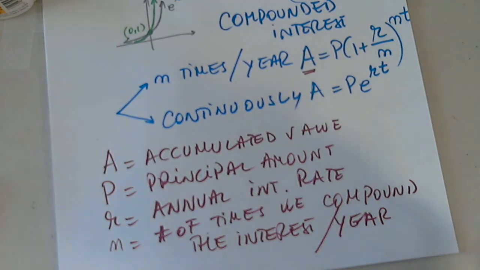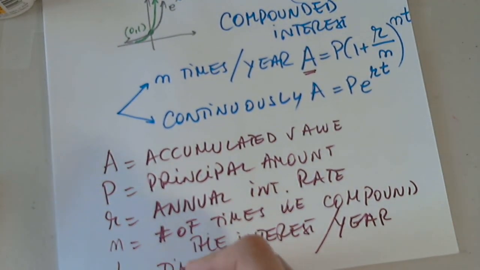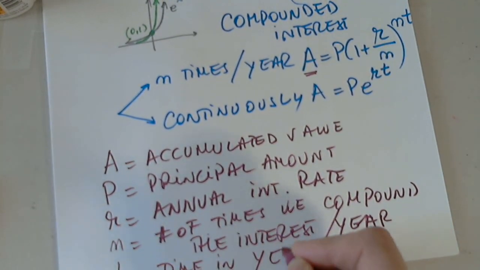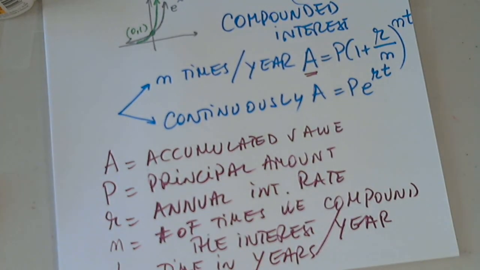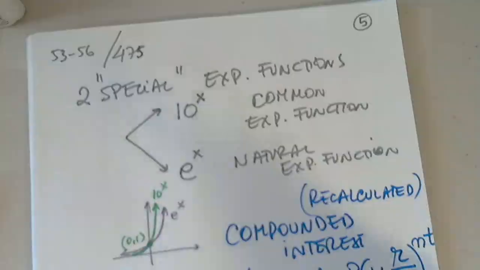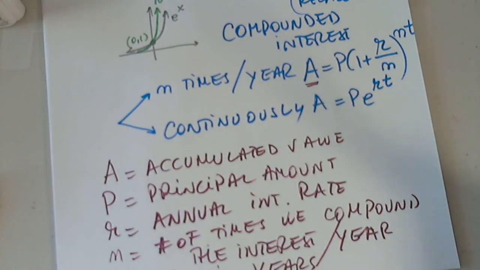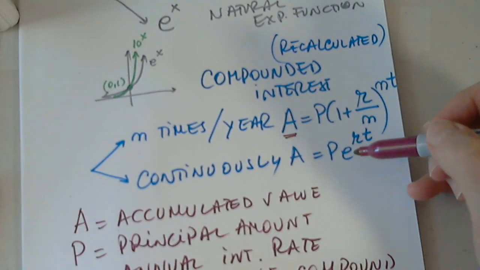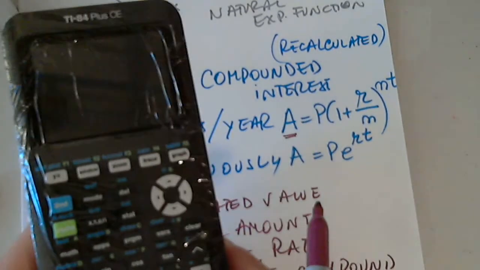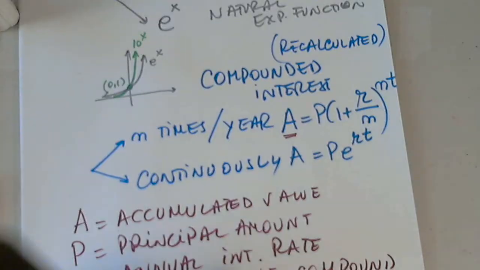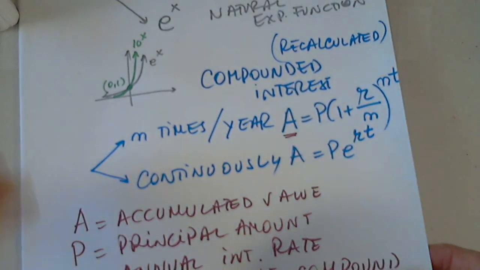And finally, t, time in years. So now feel free to choose any problem you like between 53 and 56 to illustrate this. And this is the same. e is the base of the natural exponential function right here as I showed it. r the same, t the same. So if you want to choose, if not, I will.